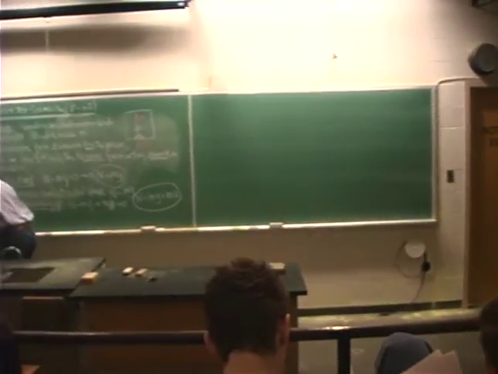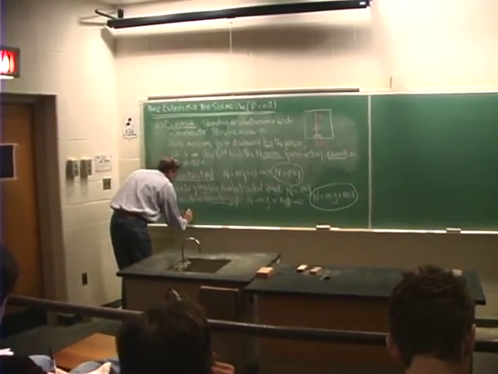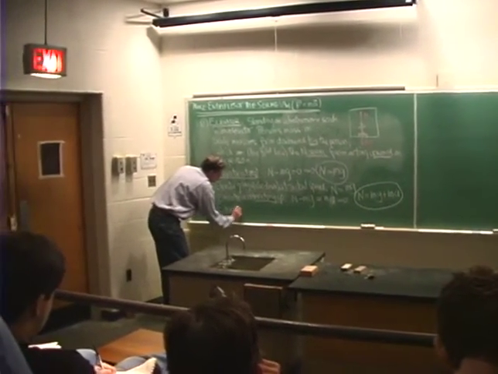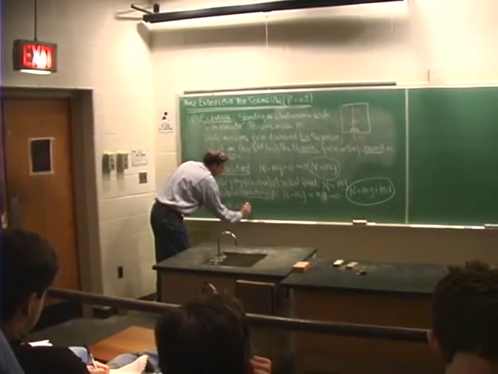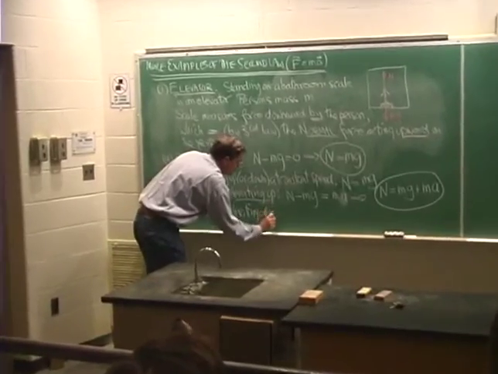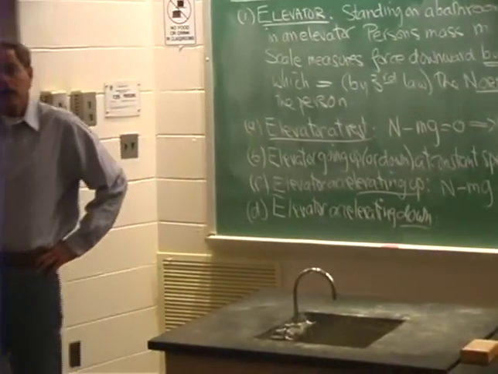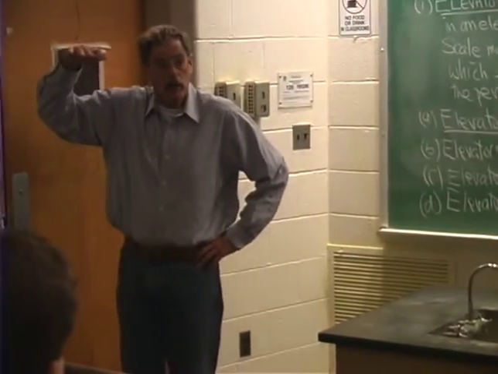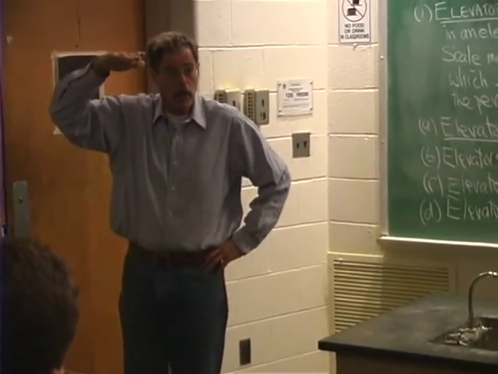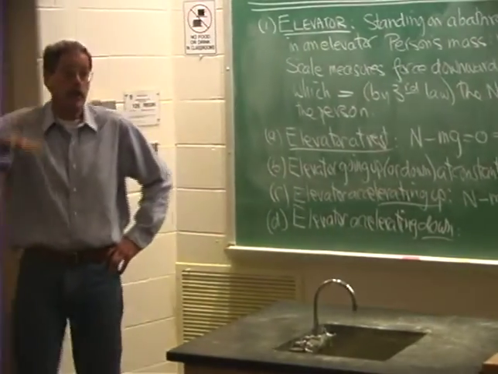Finally, how about the elevator accelerating downward? That could be either that you've arrived at the 11th floor now and it's going to come to rest, so it's slowing down, or it could be that you're on the way down from the 11th floor and it's speeding up.